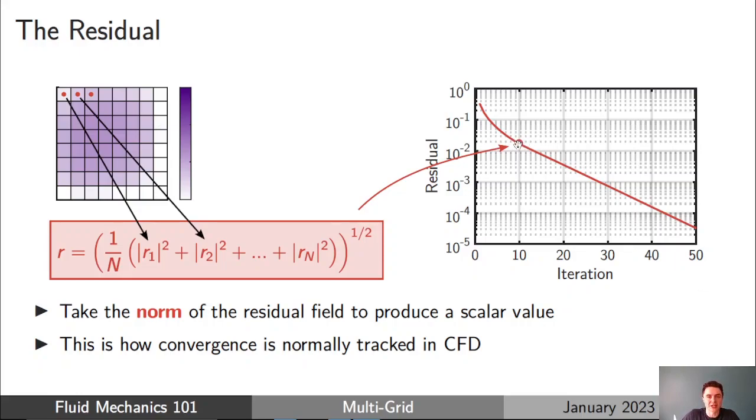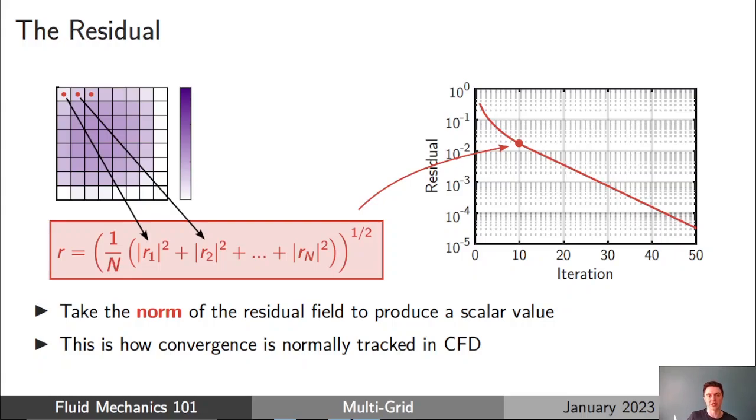It's representative of the residual in every cell in the mesh. I've just given an example here of the 2 norm. You take the magnitude of the residual in all of the cells in the mesh, square it, sum them together, divide by the number of cells and take the square root, and that would give you a representative scalar value that you could plot. So that was just a small side point.